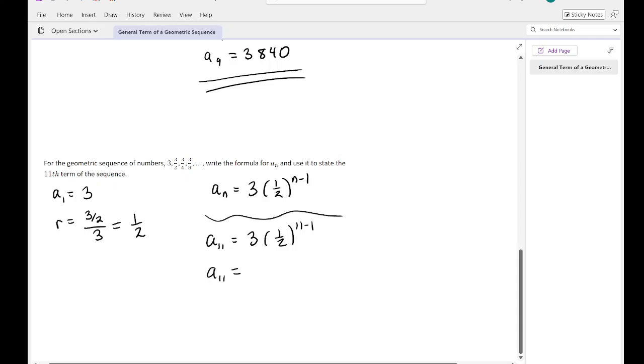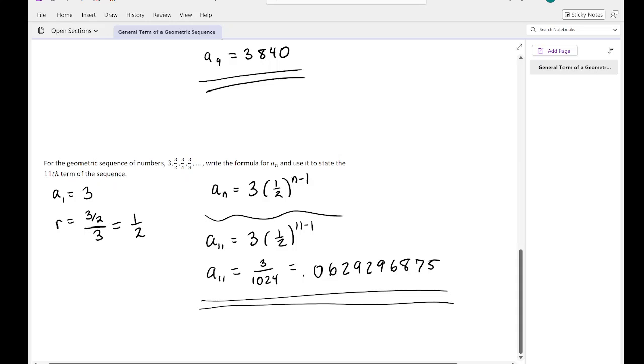Throw that into your calculator, and depending on your calculator, if you get a fraction, you'll end up with 3 over 1,024. If not, the decimal approximation is 0.0029296875. But as a fraction, it would just be 3 over 1,024. And this is how you would find or work with the general term of a geometric sequence.